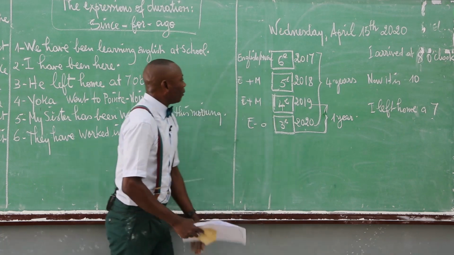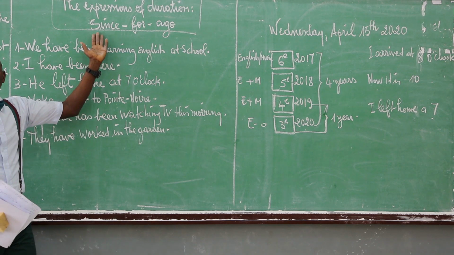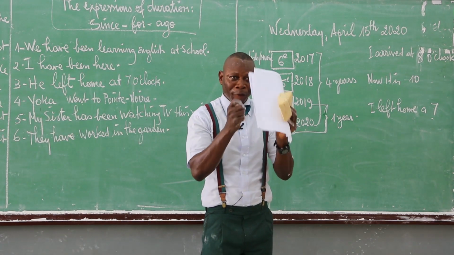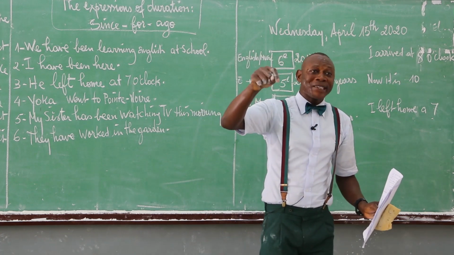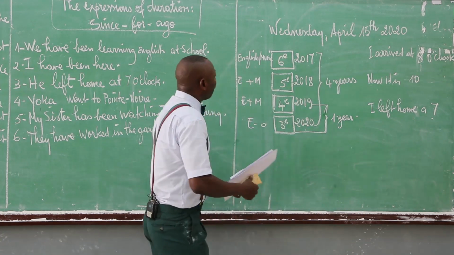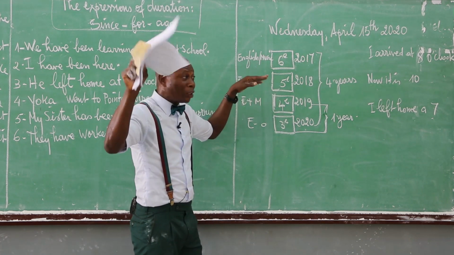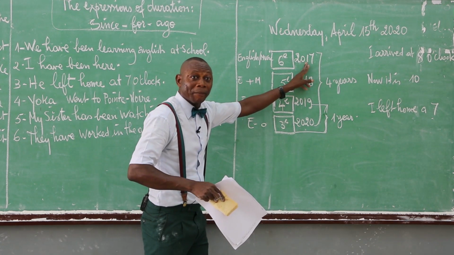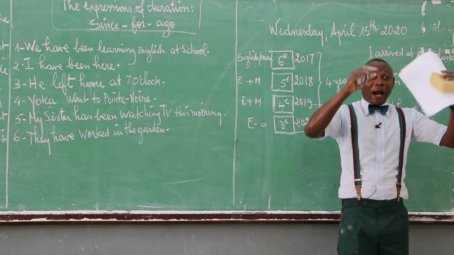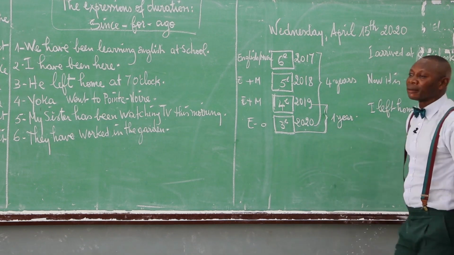Okay, we use since when we refer to the starting points of events, okay? The starting points. Here, for example, the starting point is 2017. You started learning English during this year, okay? 2017. So, I have been here at school since 8 o'clock.